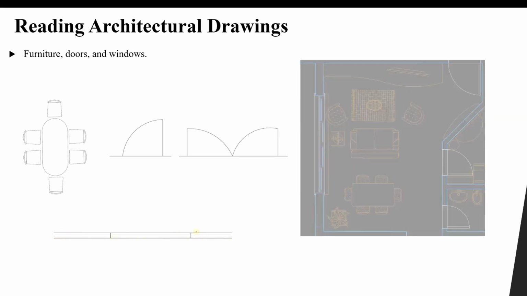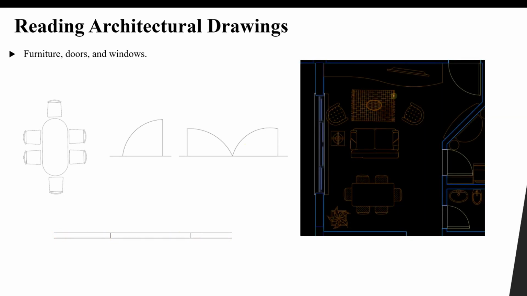If you look at this plan, for example, you can see this is a mat, and this is a sofa, for example. This is a table, chairs. You can see this is a decoration tree. This is similar to a TV when you look at it from the plan view.